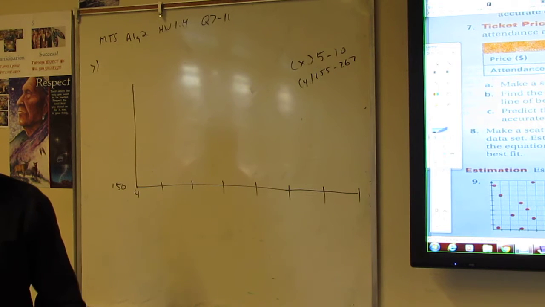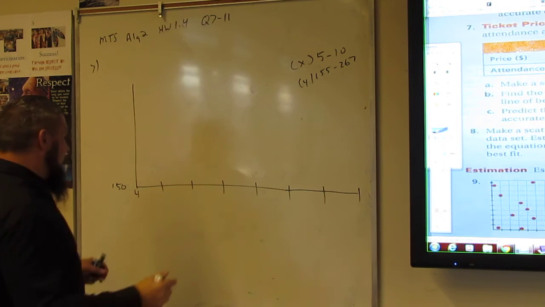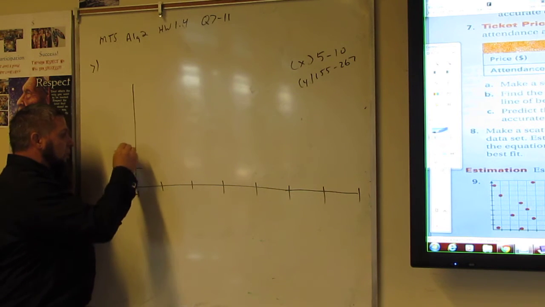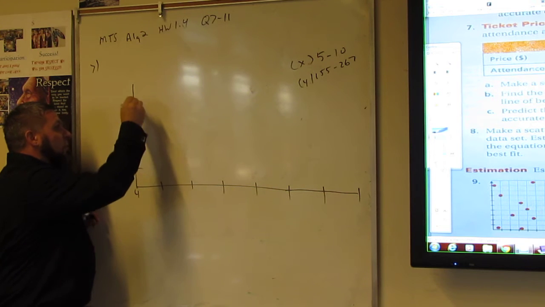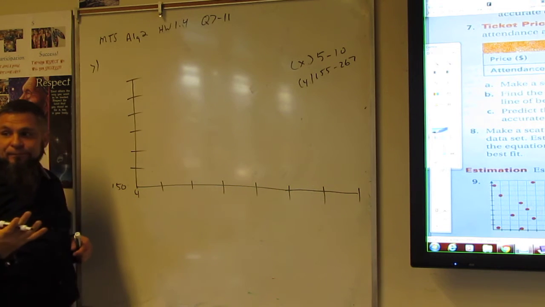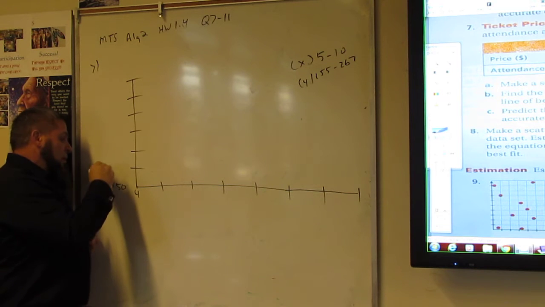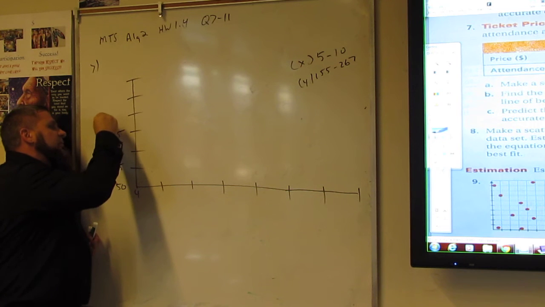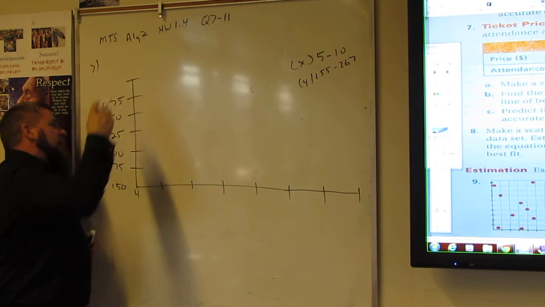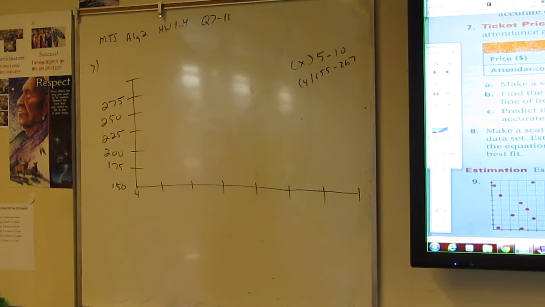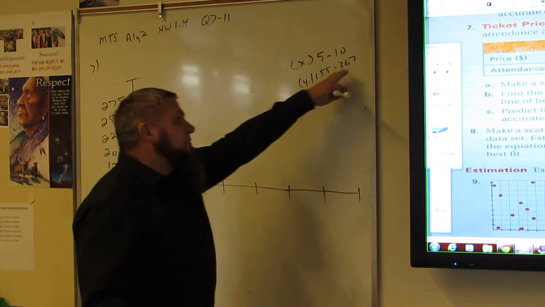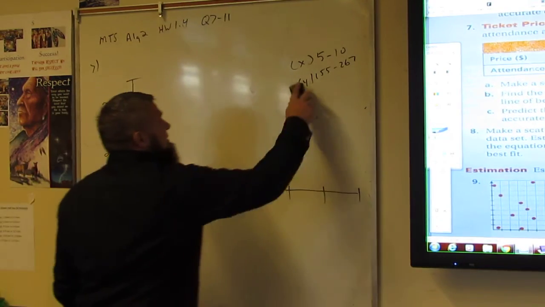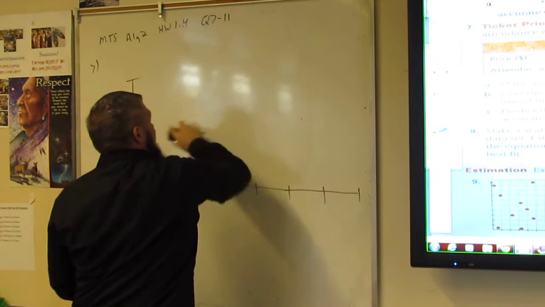So how about we double that? 6 lines, that's fair, right? So kind of break it up in 6 pieces: 1, 2, 3, 4, 5, 6. And so I got 150, 175, 200, 225, 250, 275, and actually I'm good, because I don't have anything above 267. Okay, so now I can erase this part so that I can put in all my plots.